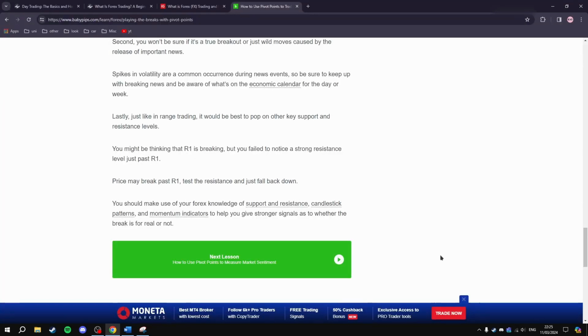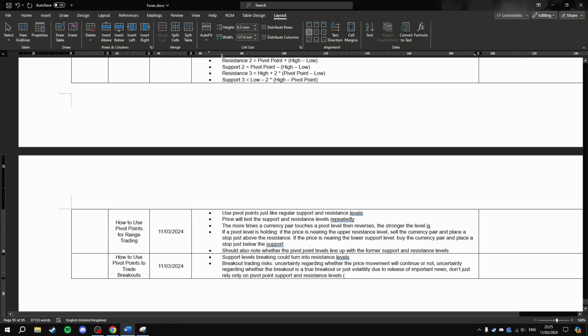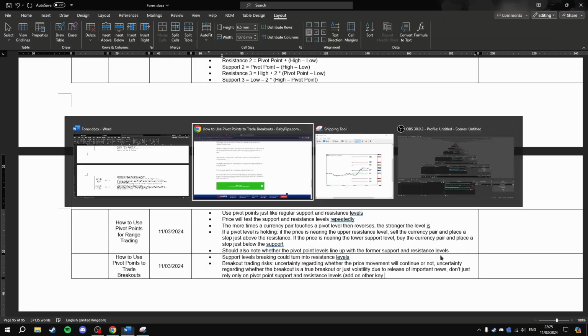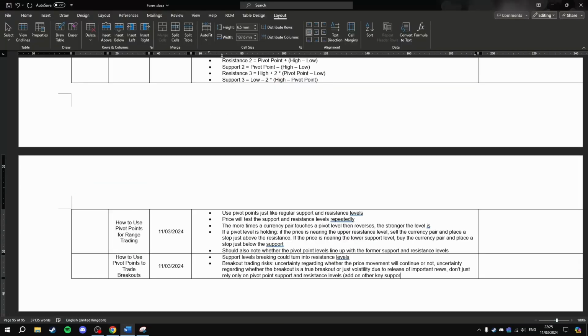Resistance 1 is breaking, but you fail to notice a strong resistance level just past R1. Add on other key support and resistance levels.